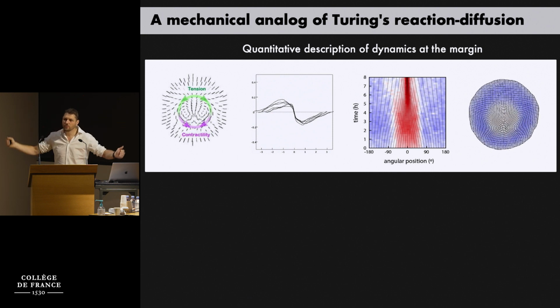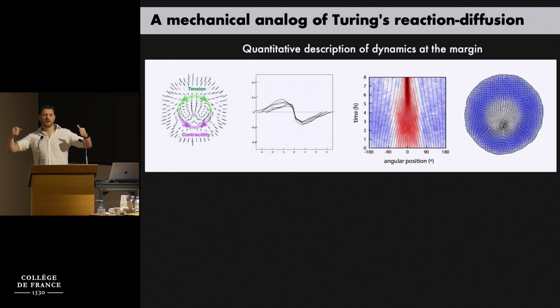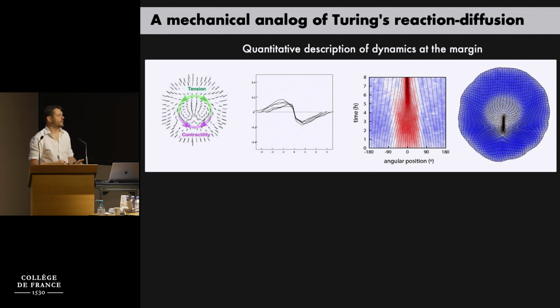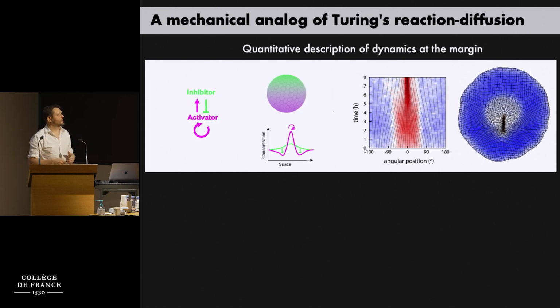So even though you have flow, advection, and the tissue is forming the streak, you keep a contracting domain in the posterior. This is very striking because that means you have two mechanical states, one constantly contracting, one constantly being stretched. And this really resembles breaking symmetry, not at the molecular level, but at the mechanical level.